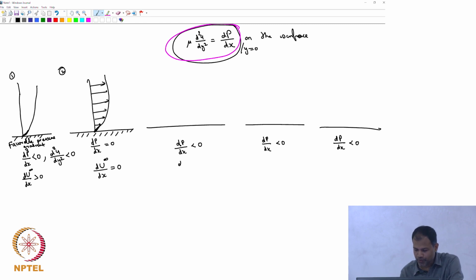Okay, what do we know about d square u by dy square at the wall? Should be greater than 0. Correct? So that means my curvature can't be like this. My curvature should change the sign.